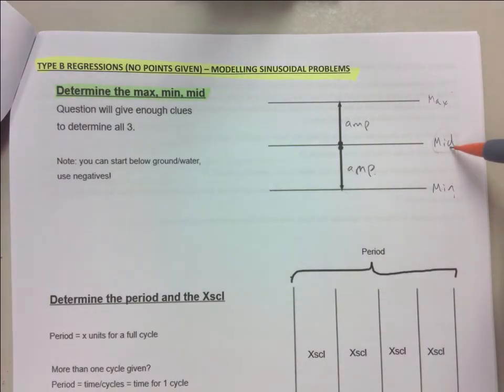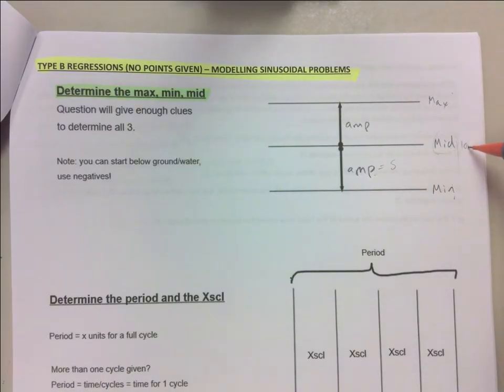If the midline is 10 and the amplitude is 5, you go from 10, you go -5, so this would be 5, and this would be 15. You should be able to see 5 in between.